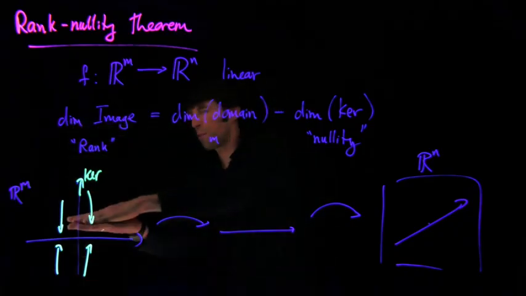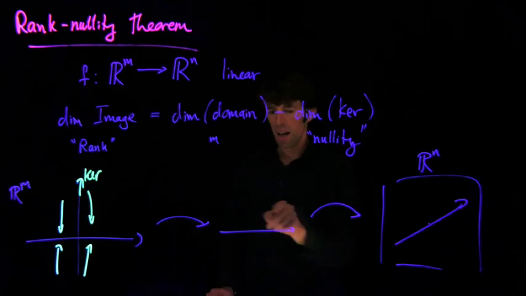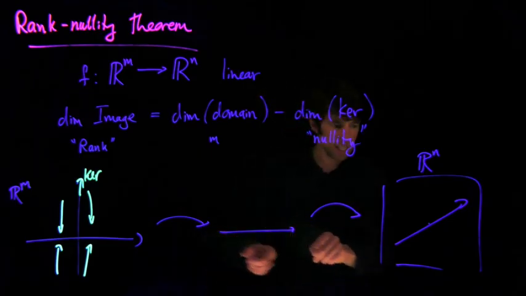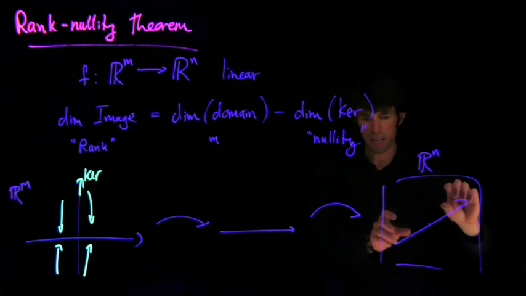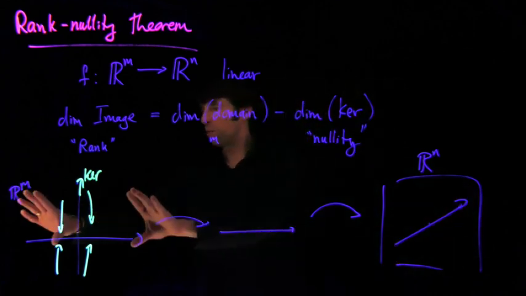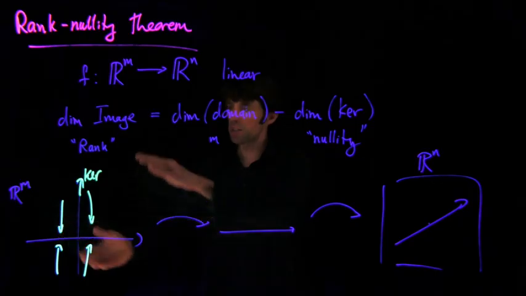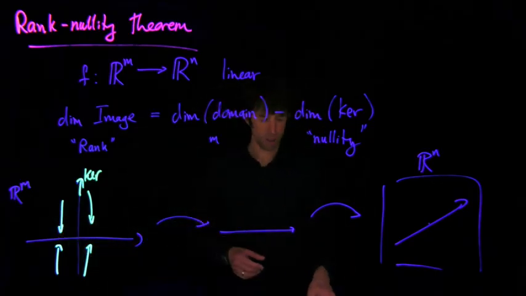So we've lost however many dimensions we had in the kernel. We've lost a nullity number of dimensions. And then this thing embeds into here. And so the dimension of the image, what we see here, is the dimension of the domain minus how much we've lost when we collapse the kernel down. So that's where this rank-nullity theorem comes from.